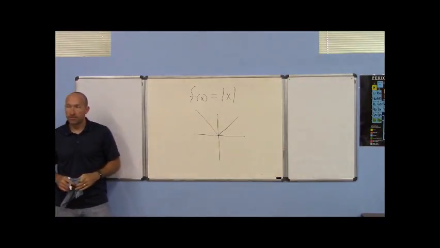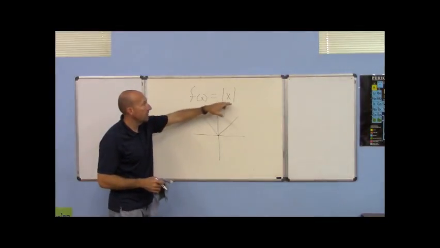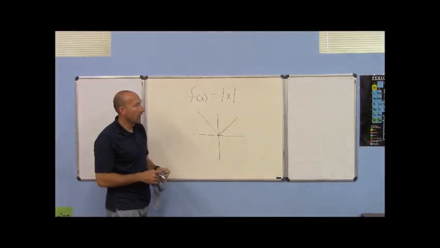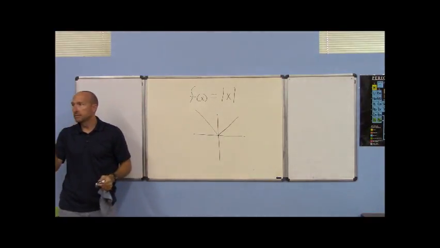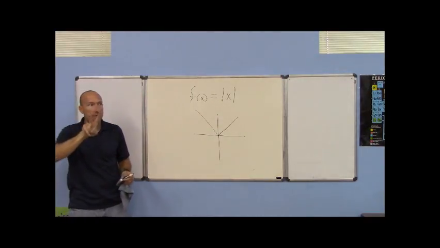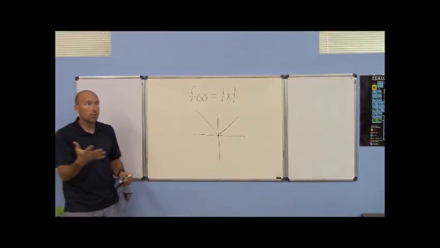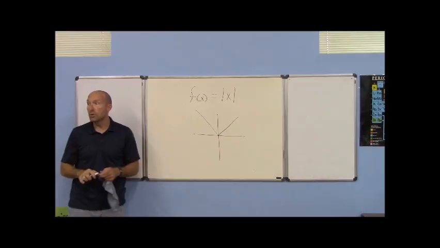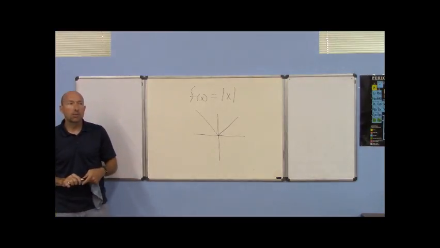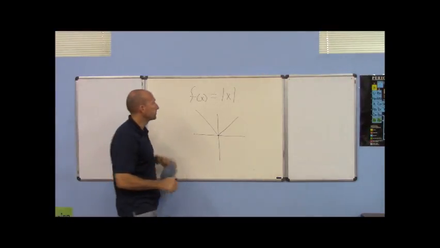Does that make sense? So recognize whenever you have an absolute value, you will end up with a V. It's going to look like a V on a Cartesian plane. It may be sideways, it could be going down, but it's still going to have that V shape. So you can automatically understand what it should look like.